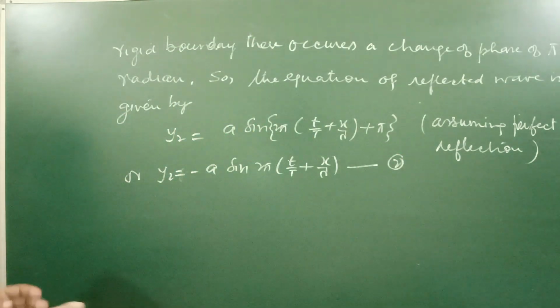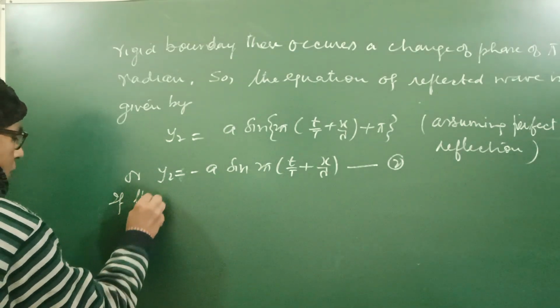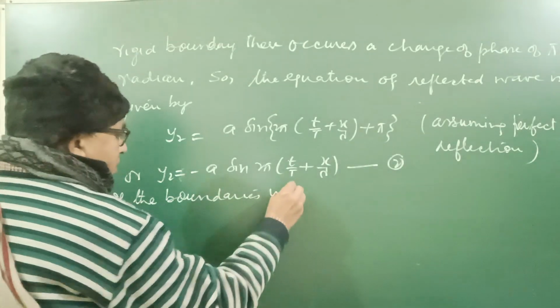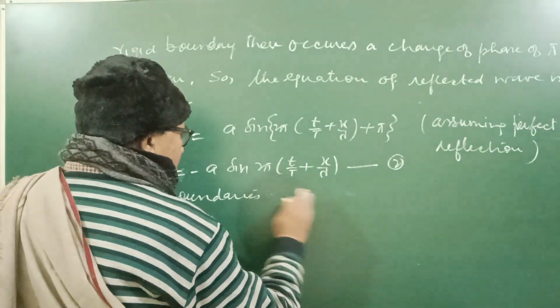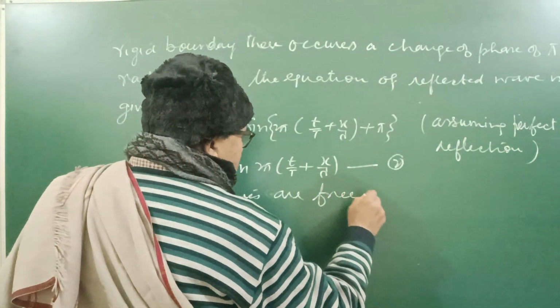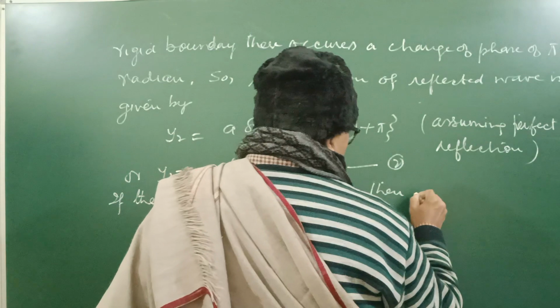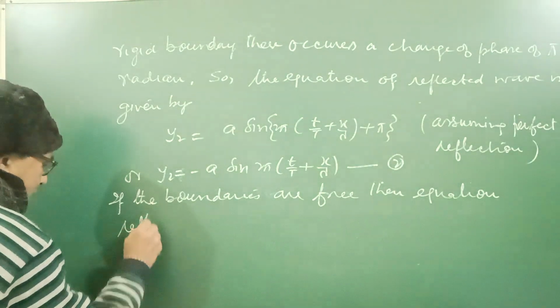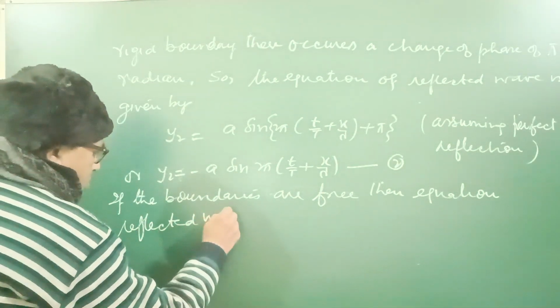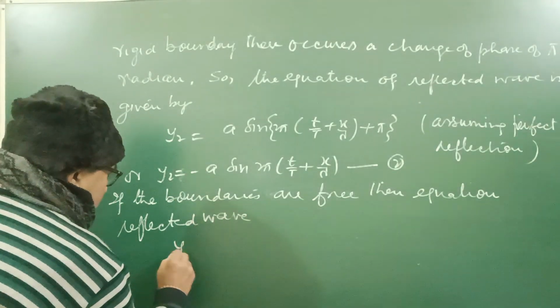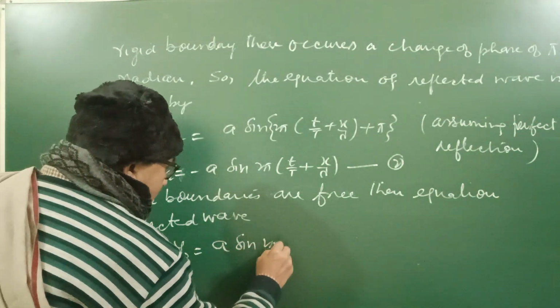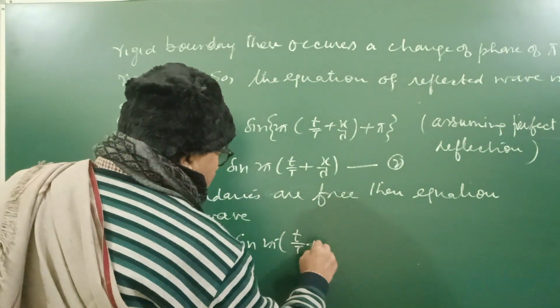If the boundaries are free, then the equation of the reflected wave, y3, has no change of phase: y3 is equal to a sine 2 pi t upon T plus x upon lambda.